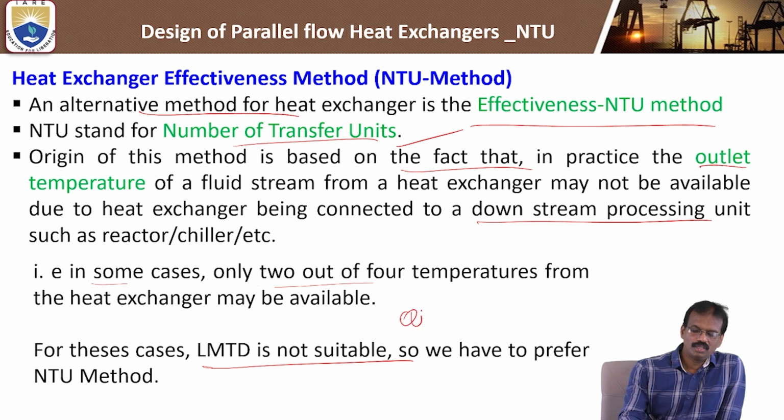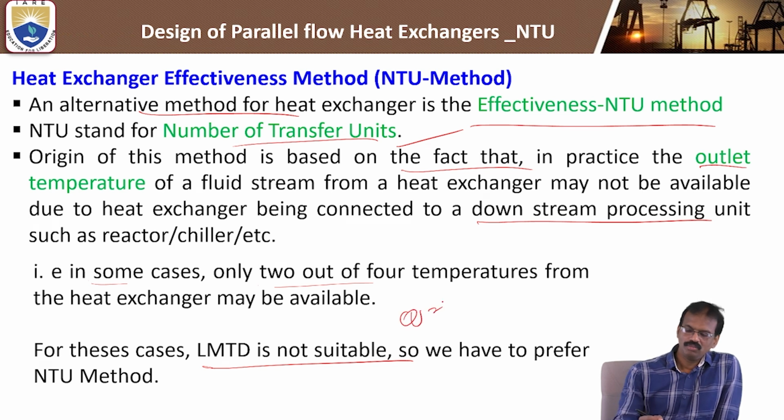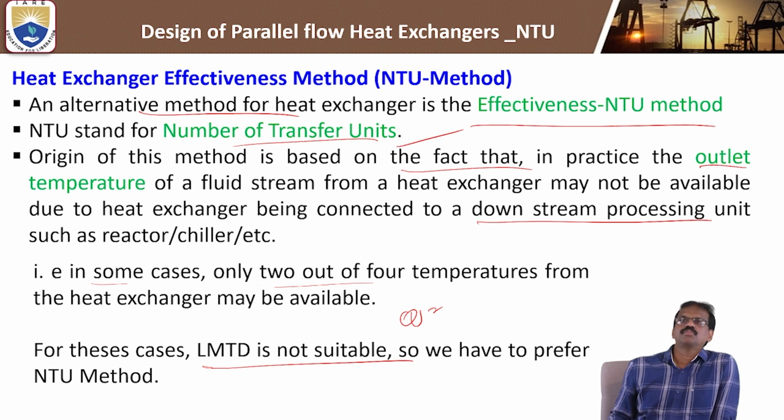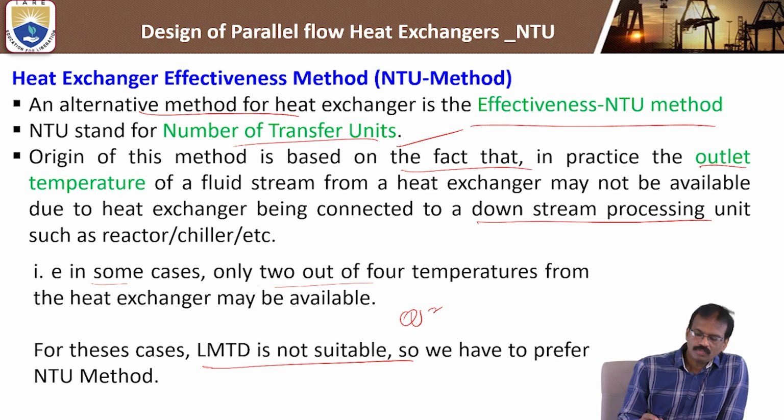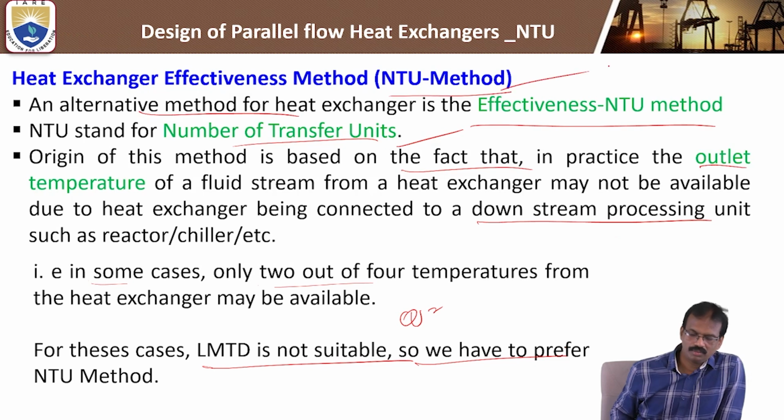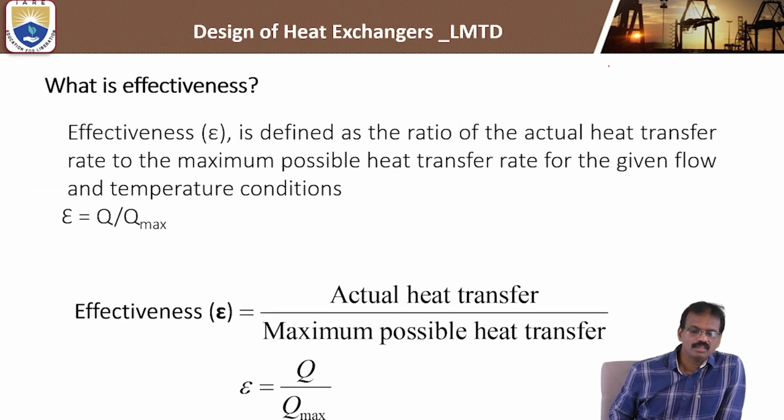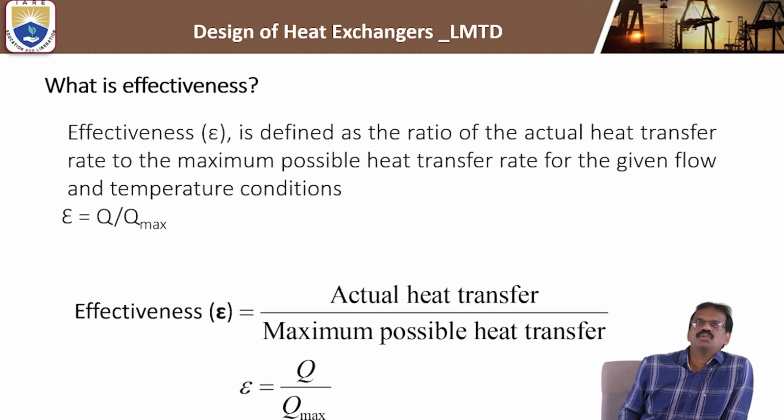For solving the rate of heat transfer by LMTD, we require the 4 temperatures, inlet and outlet temperature of both the fluids. Okay. If you have only inlet temperatures of both the fluids, you can prefer the NTU method. Okay. These are the formulas for the NTU method to find the effectiveness or the rate of heat transfer. So we'll see what effectiveness is.